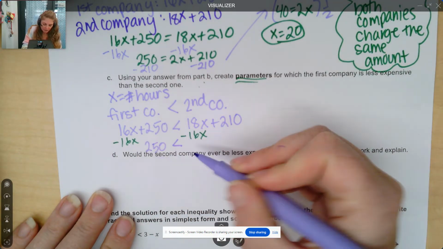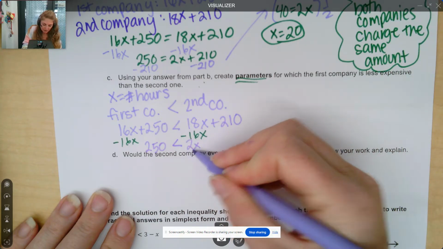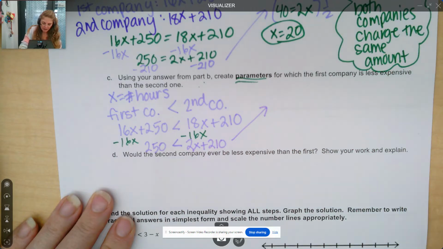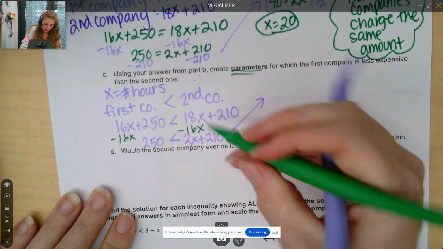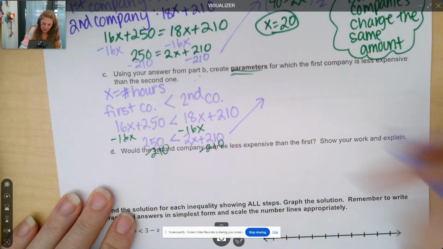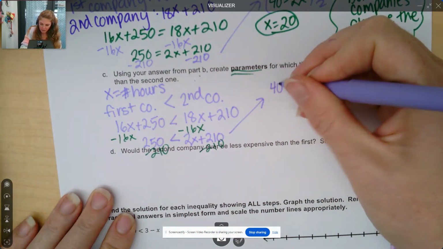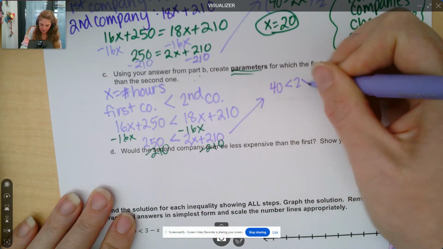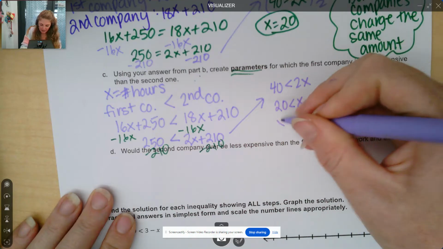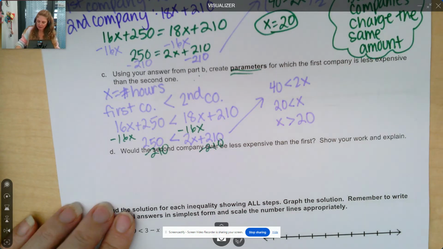So 250 is less than 2x plus 210. And if we kept solving, I'm going to subtract 210 from both sides, and we'd end up with 40 is less than 2x, making 20 less than x, meaning x is greater than 20.